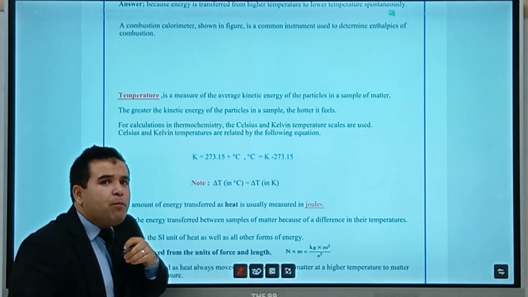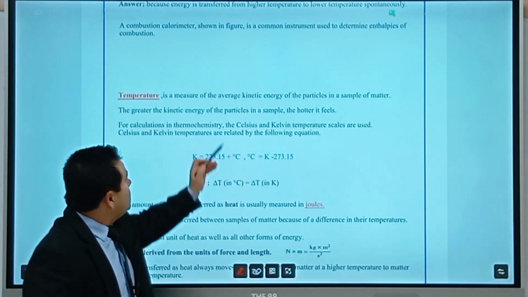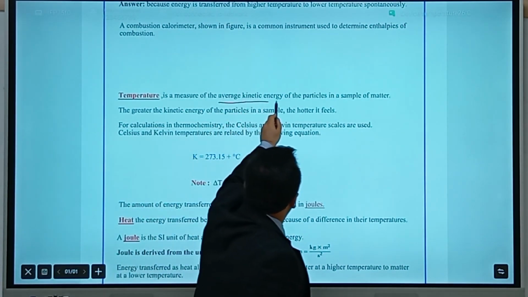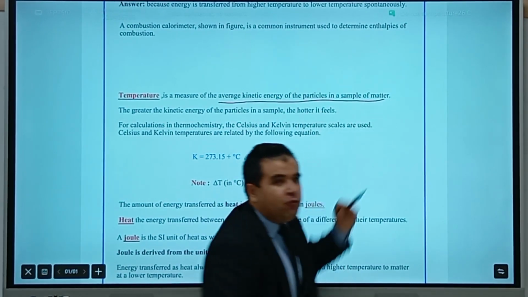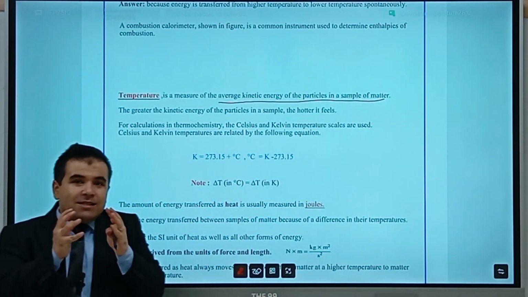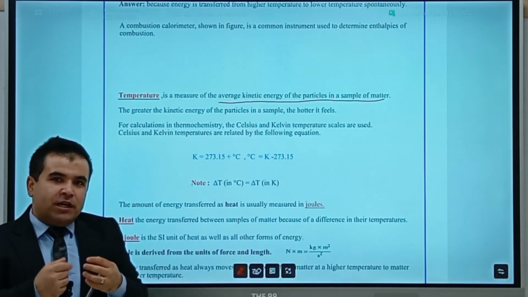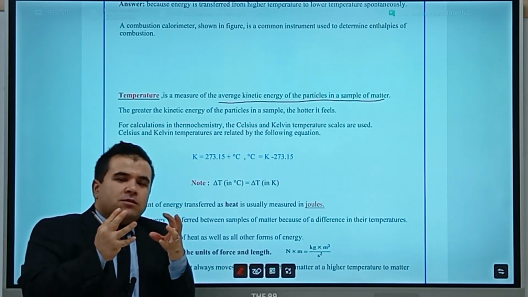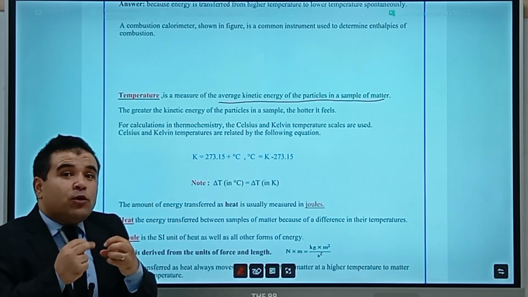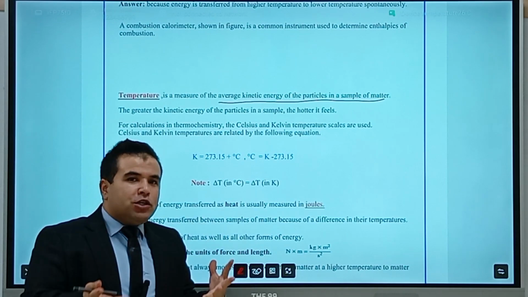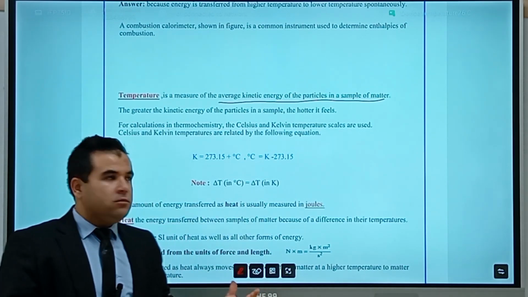Temperature is a scale of measurement which measures what? The average kinetic energy of the particles in a sample of matter. In any system, what does the temperature represent? It represents the degree of the movement of particles in a sample of matter.